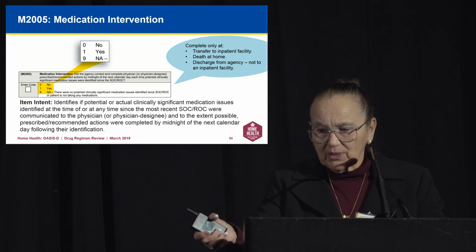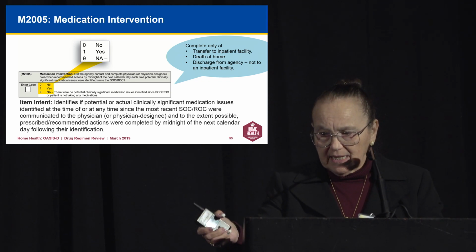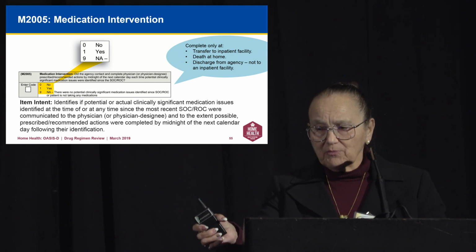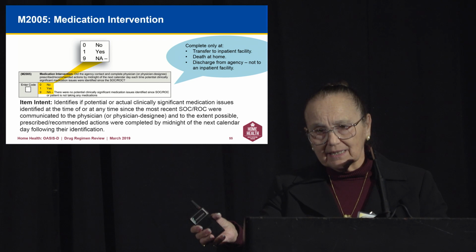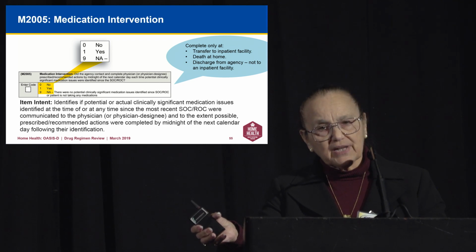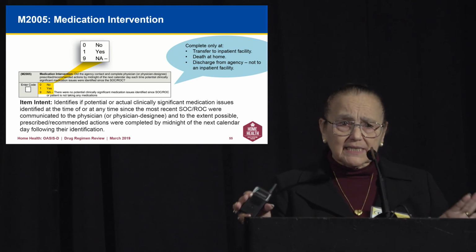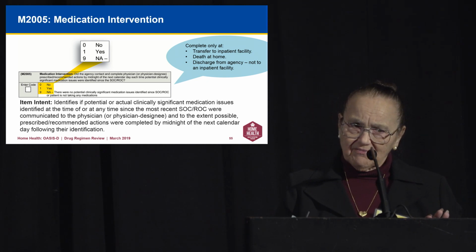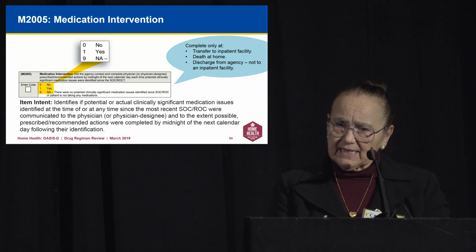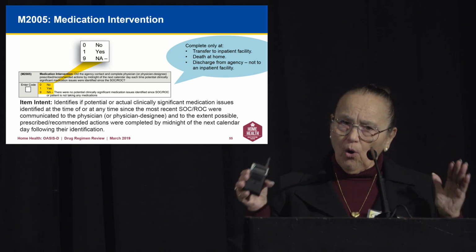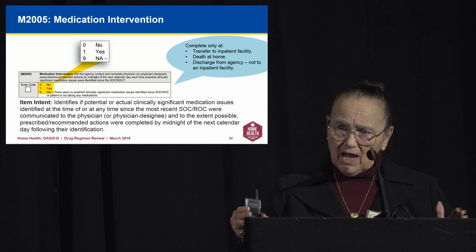Were these communicated to the physician or designee, and to the extent possible, were the prescribed or recommended actions completed by midnight of the next calendar day following that identification? So are we all clear? 2005 is not talking about an isolated incident. This is talking about you going and looking at the whole episode in its entirety.